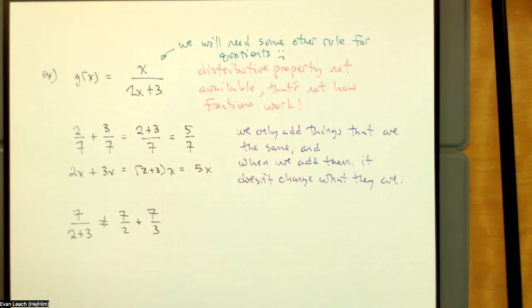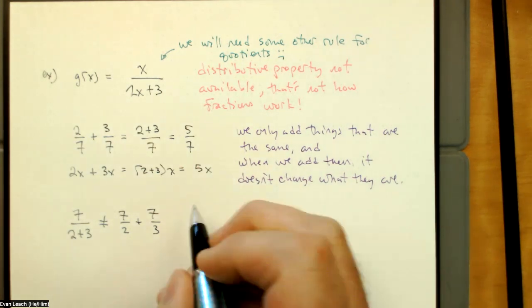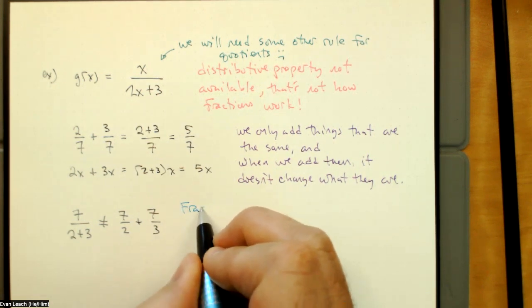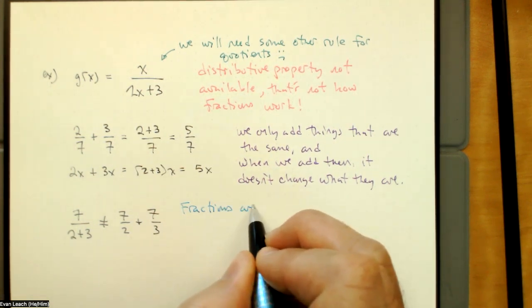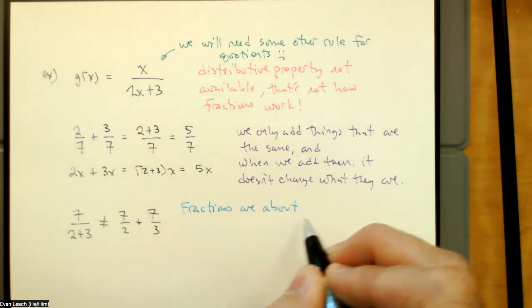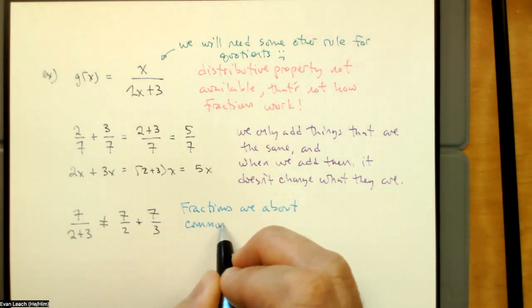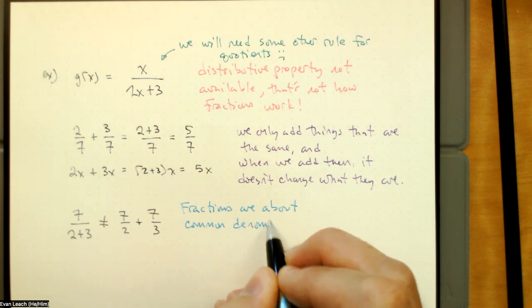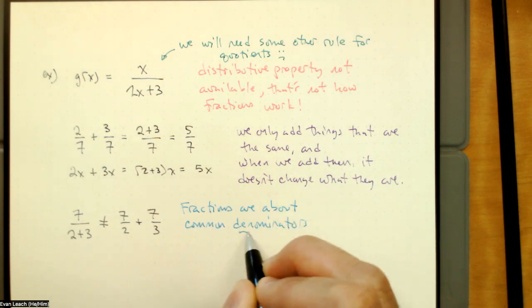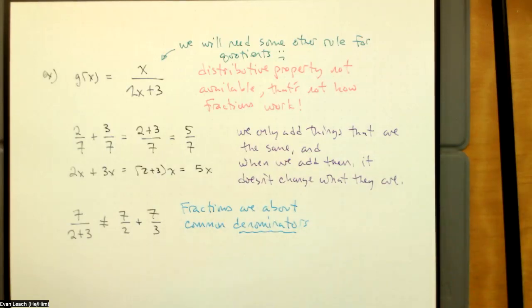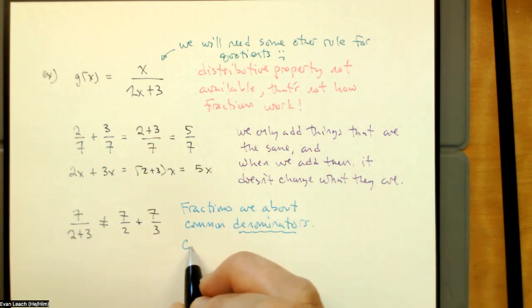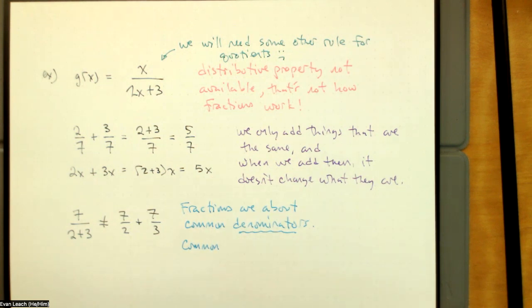Common numerators isn't a thing. Fractions are about common denominators. I mean, common numerators are a thing, but they don't help us in any way.